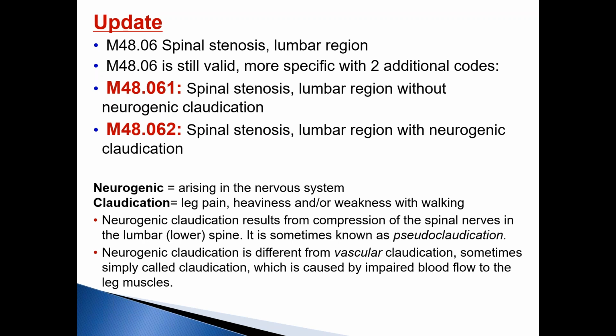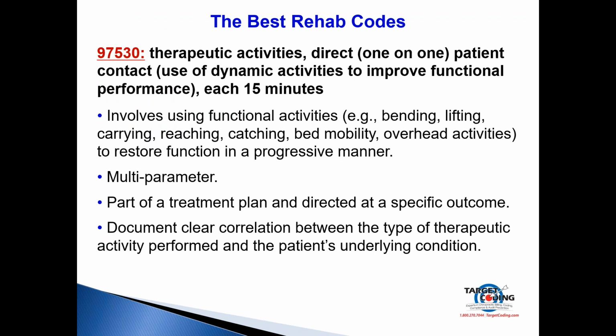That's all right. So that's why I've supplied you with this, just in case you were wondering, what the heck is neurogenic claudication? Neurogenic means it's coming from the nerve system. Claudication means there's heaviness and pain with walking, weakness in the legs. Don't confuse that with intermittent claudication, which is more of a vascular issue, caused by impaired blood flow to the leg muscles.